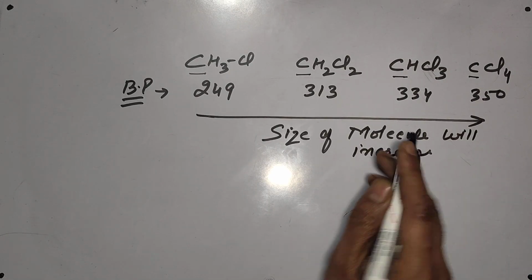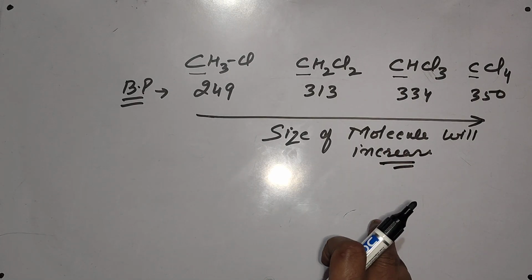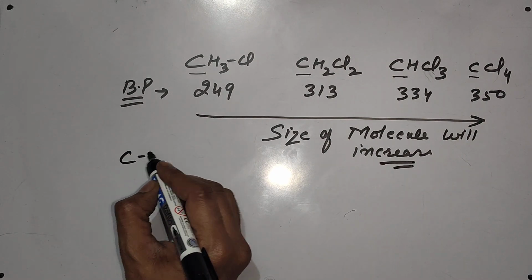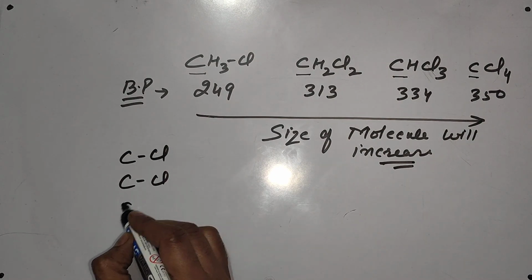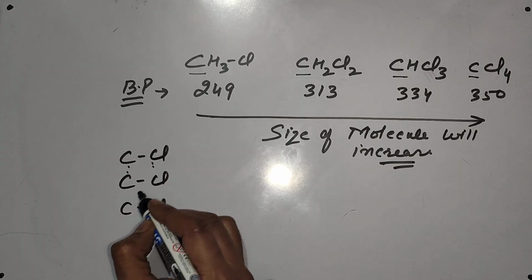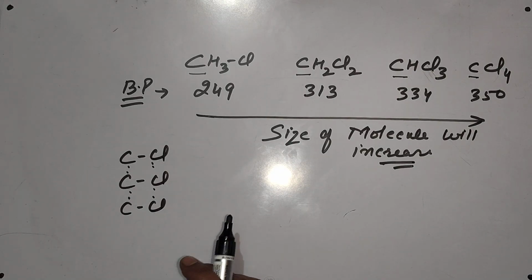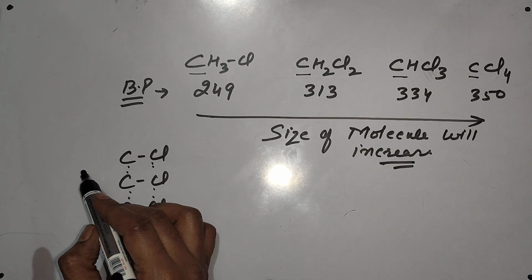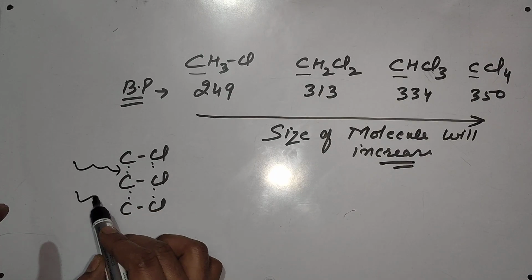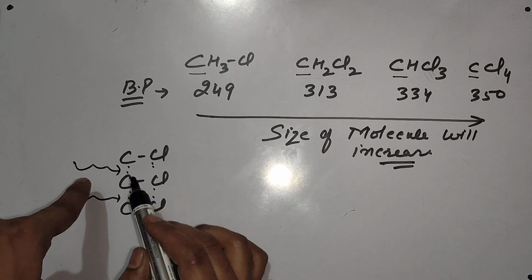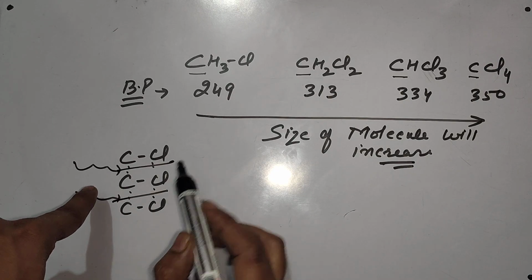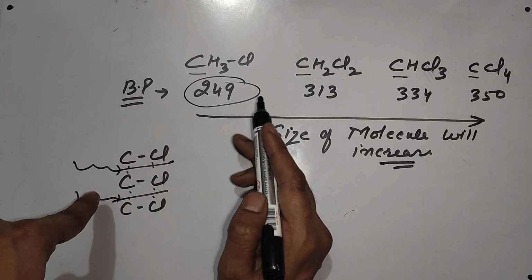And we know if size is increasing, van der Waals forces of attraction will increase. Between CH3Cl particles, there will be less van der Waals force of attraction because sizes are smaller, so we can break it very easily. With very little heat energy we can separate them, and that's why the boiling point is very low, 249.